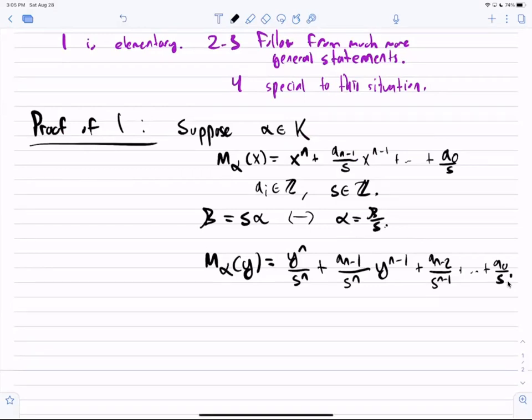And then, so the minimal polynomial, let me just say it this way. What I was really writing is that beta is a root of m alpha of x over s, so of y over s.